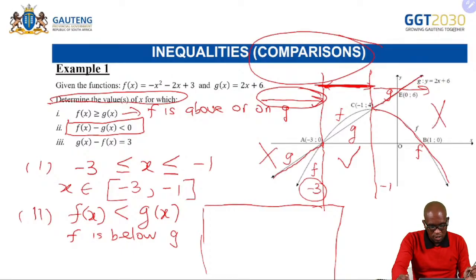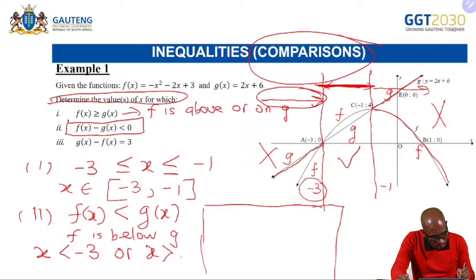So the region of interest in this case is when x is less than -3 or when x is greater than -1. That is where we get our solution.